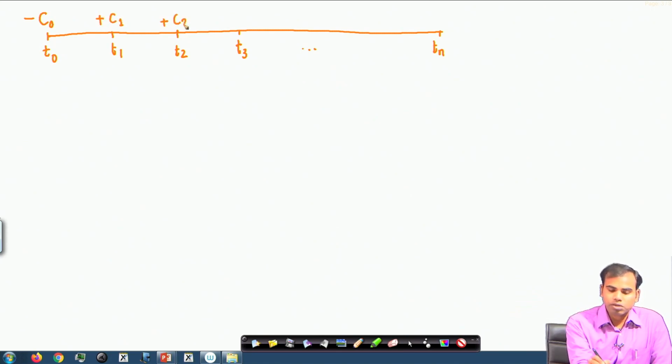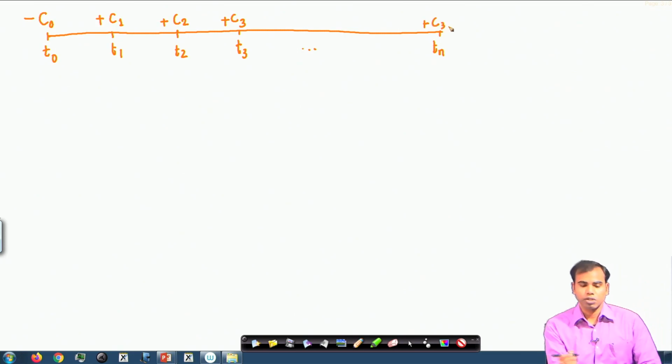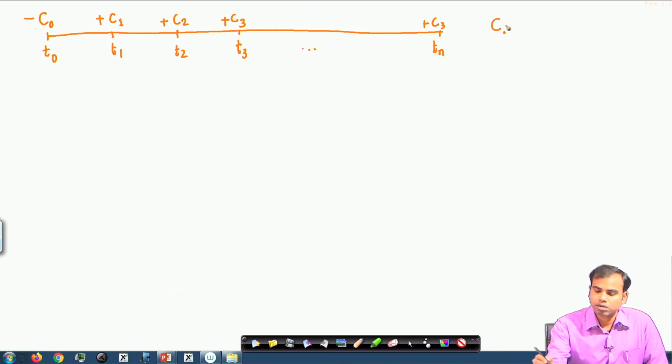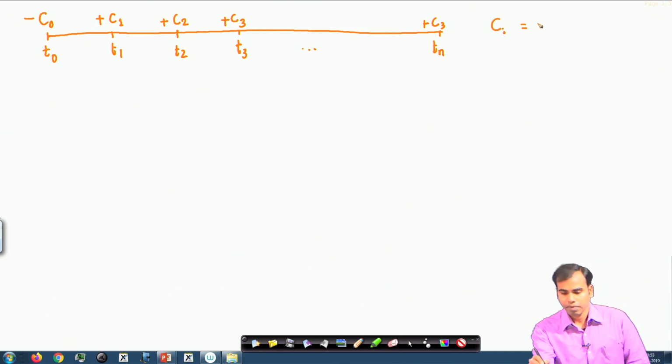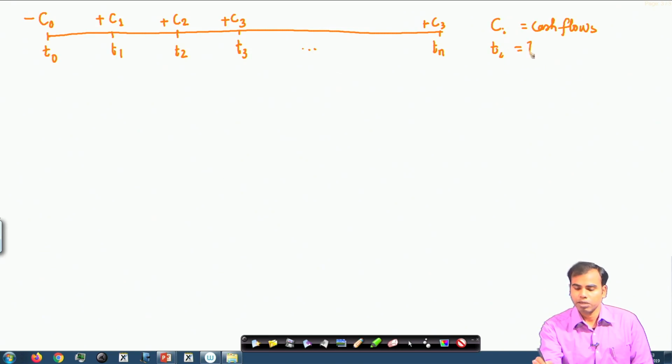So, there will be cash flows which will be generated in future. C here represents the cash flows and T represents time period.